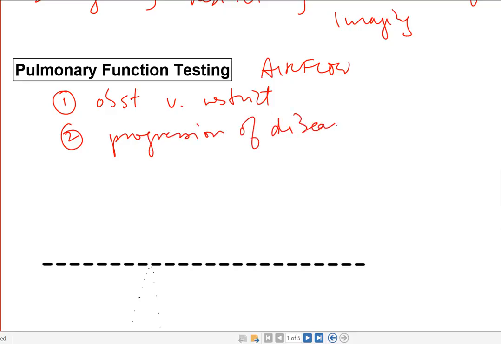Your first initial pulmonary function test is going to be spirometry, and the test, therefore, is called a spirogram. And spirograms are tests which basically compare volume versus time.